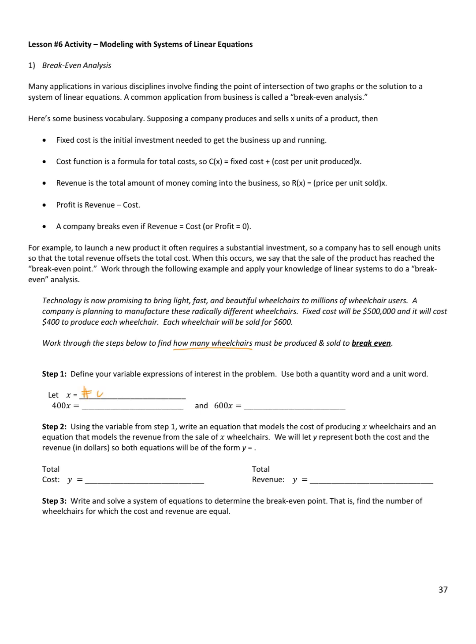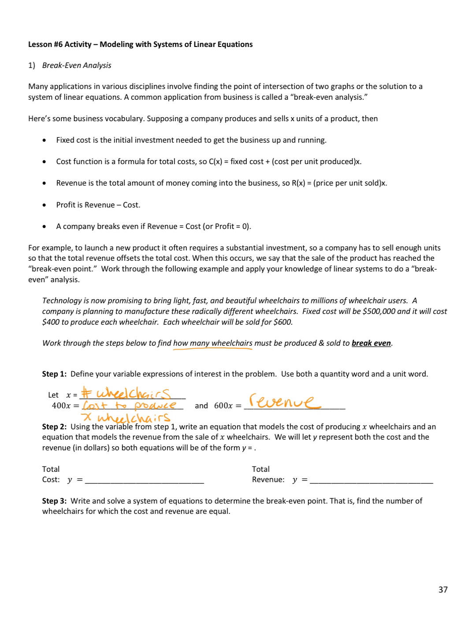So X is the number of wheelchairs produced and sold. 400x is the cost to produce X wheelchairs. And 600x is revenue, because it's the price per wheelchair times the number of wheelchairs.